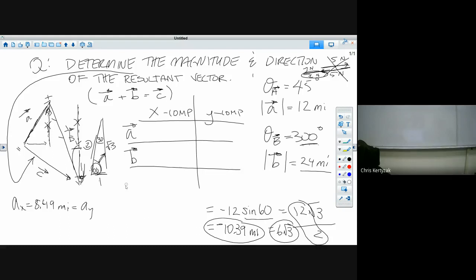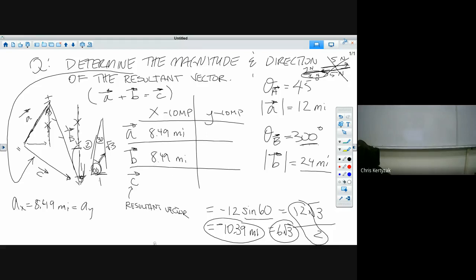And then this is the net result, which we'll call C, the resultant vector. All X components have to go in the same column because you're going to be adding those together. So I would put 8.49 here and another 8.49 here.